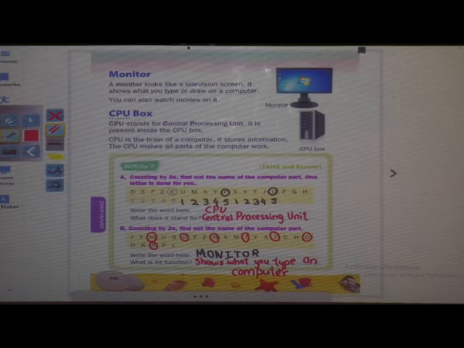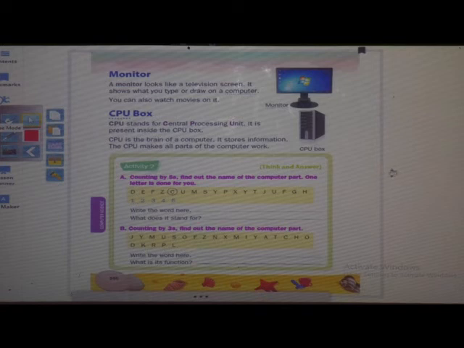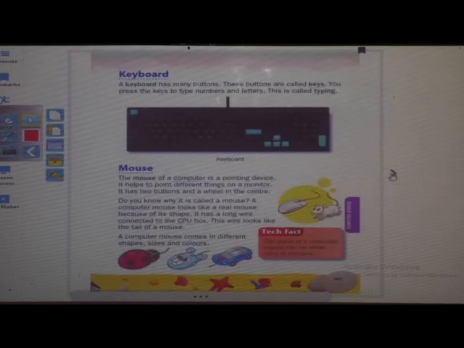Okay, now the next one we will see is the keyboard. Have you seen a keyboard? Yes, a keyboard has many buttons. These buttons are called keys.